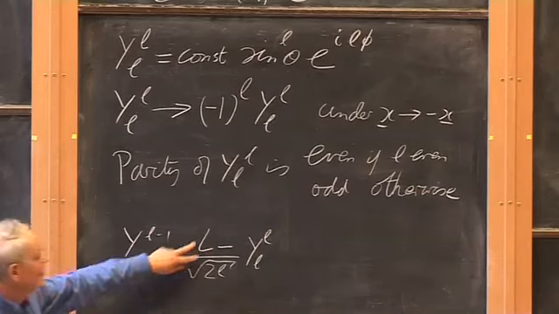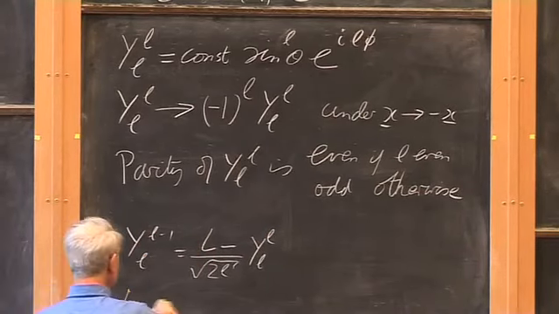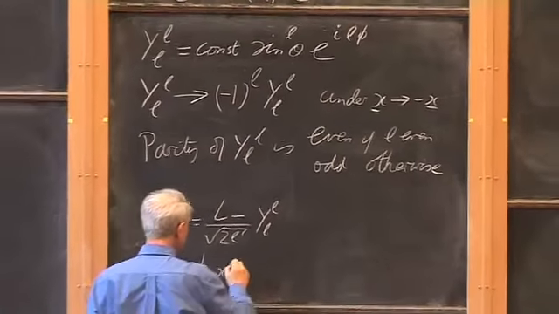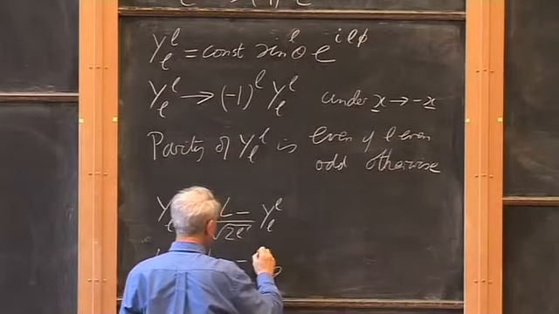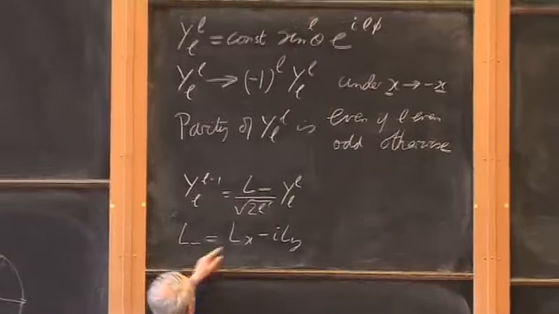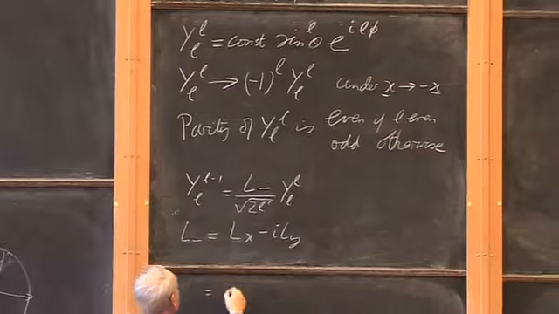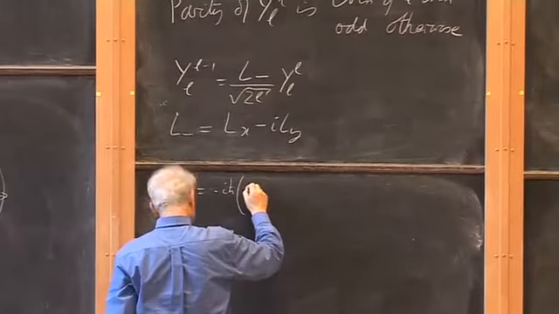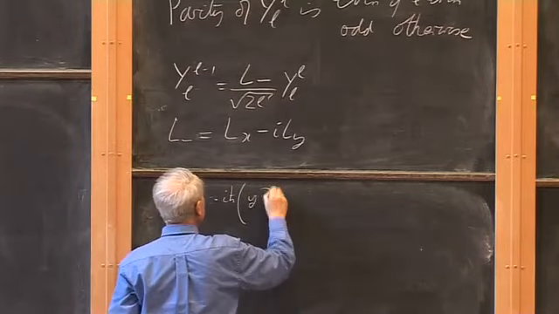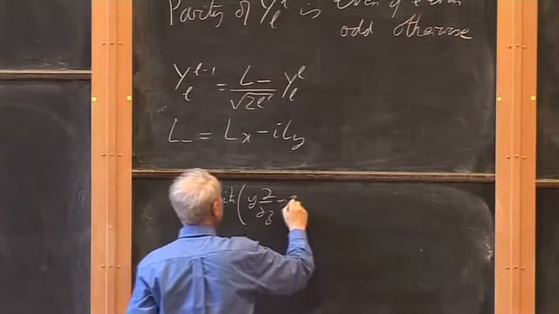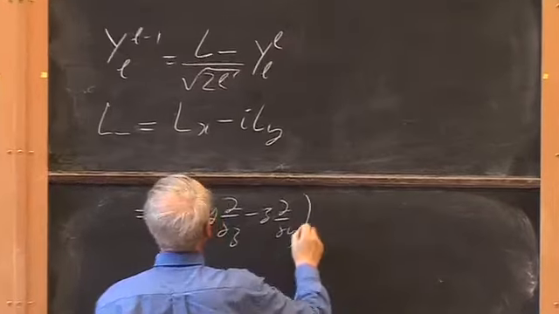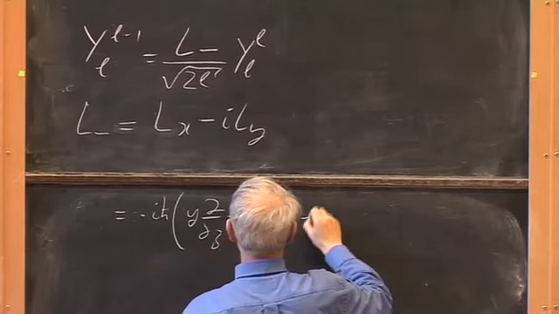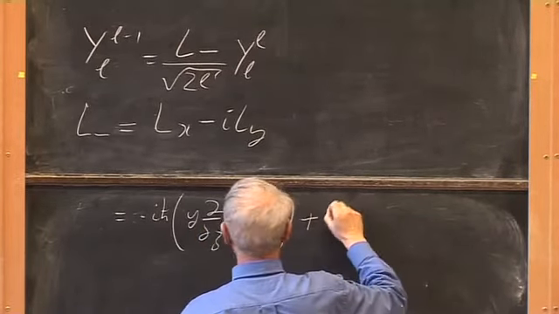And what about this? What's L minus? L minus is Lx minus I Ly. In the position representation, what is this? This is minus I h bar of y d by dz minus z d by dy, plus, minus, who knows, h bar.